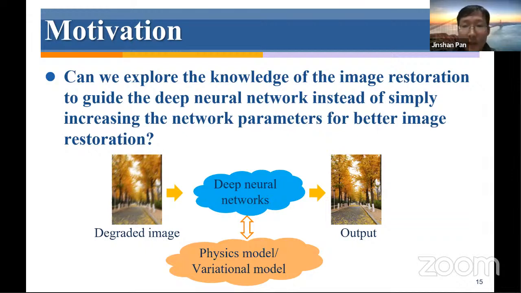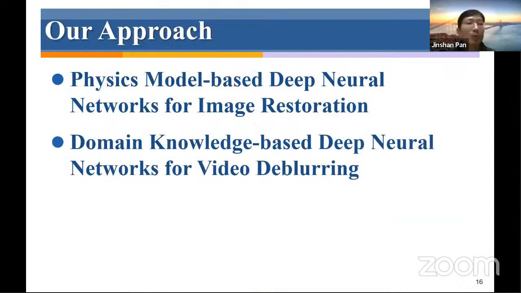And our motivation is whether we can explore the knowledge of image restoration to guide the deep neural networks instead of simply increasing the network parameters, to overcome the limitations of most deep learning-based methods for better image restoration. So based on this motivation, I will introduce how to explore the physics model and the domain knowledge to better constrain the deep neural networks for image and video restoration.